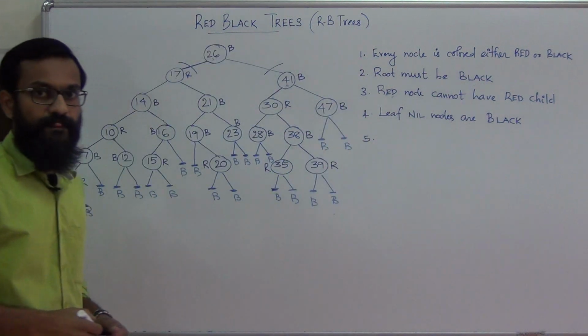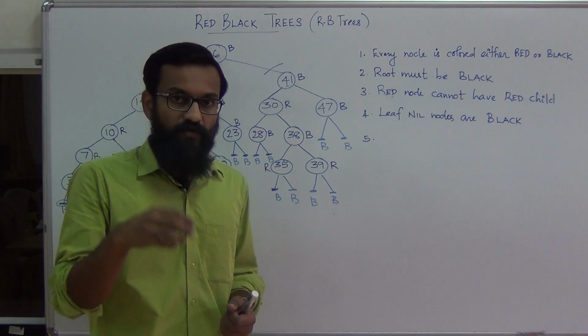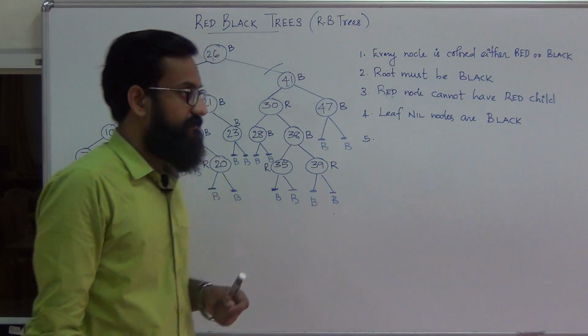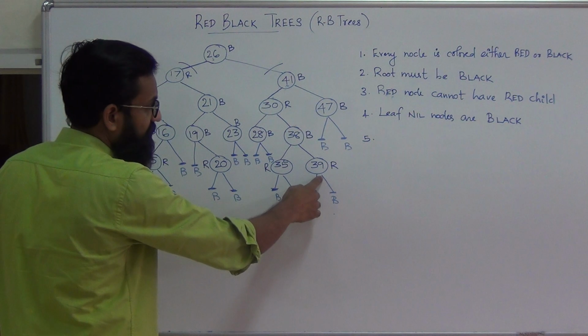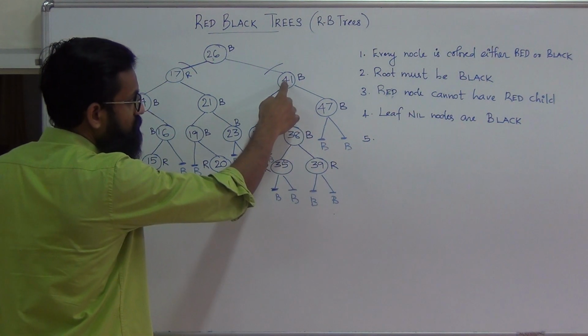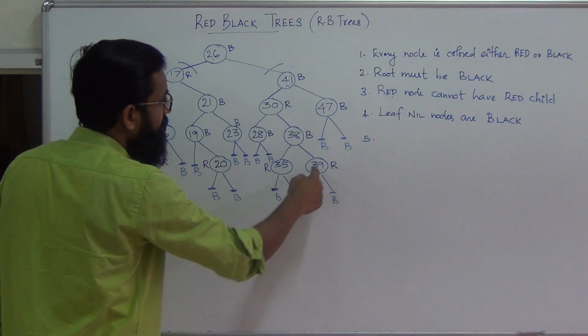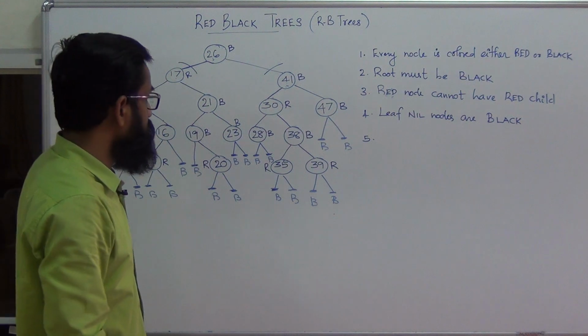Then the fifth property. If I take any node, the number of black nodes from that node to all the descendant leaves must be the same. If I take 41, 39 is a descendant leaf. Count the number of black nodes in the path from 41 to 39. It's actually 1, 2, so you have 2 black nodes.